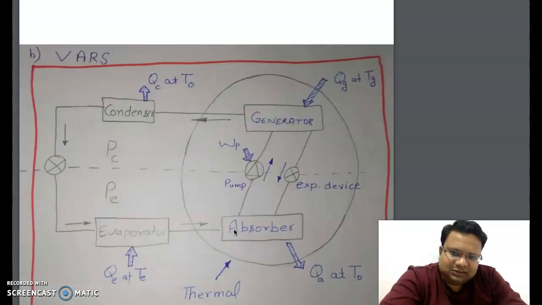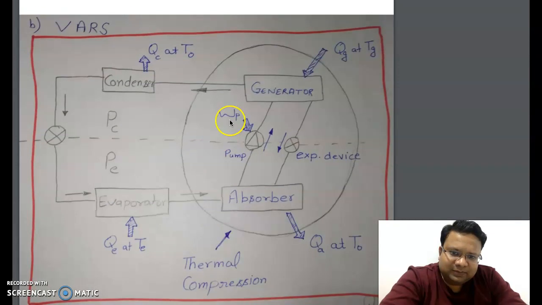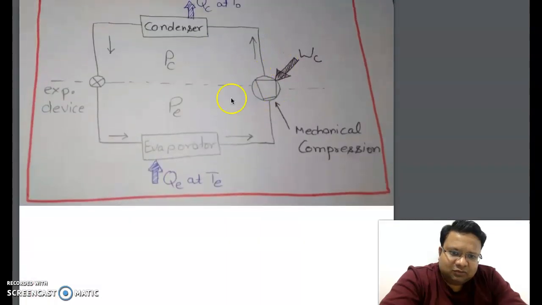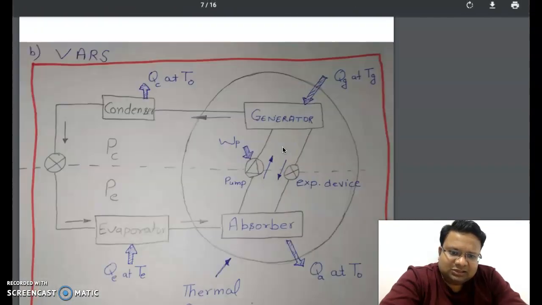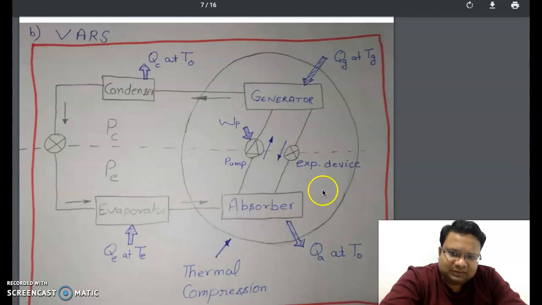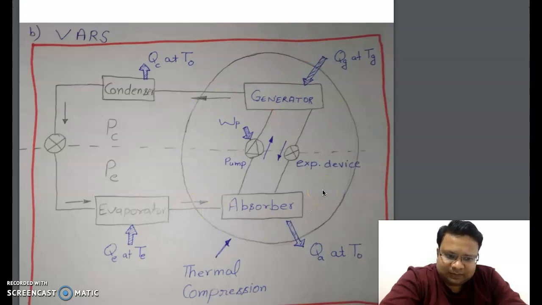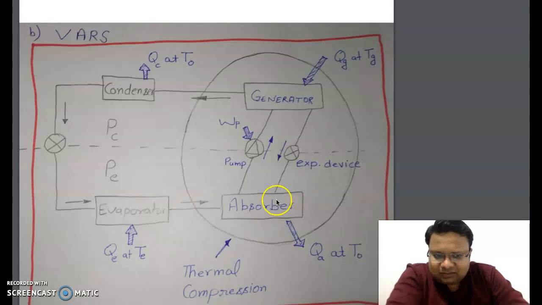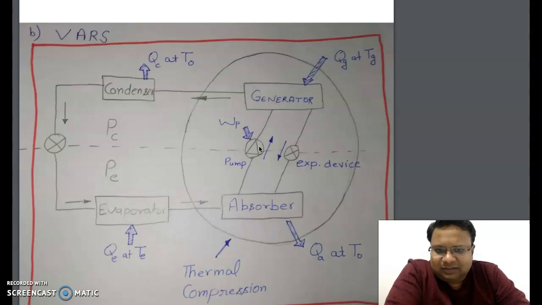Whereas in this vapor absorption system, this one component of mechanical compression is replaced with four components. Now these four components are absorber, expansion device, generator, and the solution pump. Now if we look in this diagram, these three devices are the same: condenser at high pressure, expansion device, evaporator at low pressure.